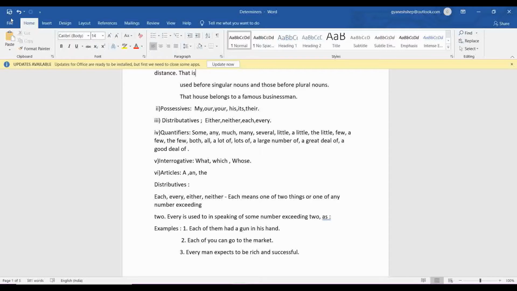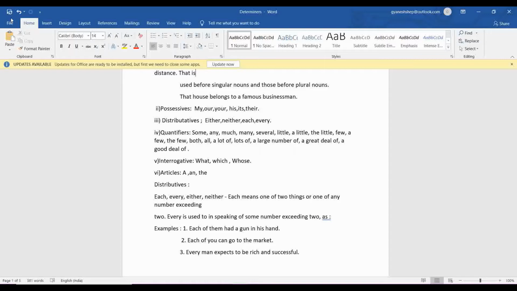The next thing is quantifiers. What are the quantifiers? As the name suggests, quantifiers are the determiners that show the quantity. Some, any, much, many. I have many dresses of red color. Then several weeks I was waiting for it. Then give me little something, whatever you want.